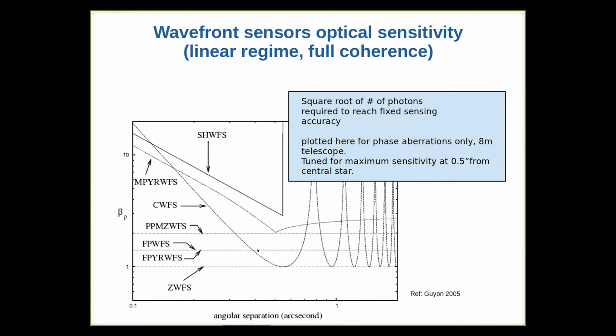Good sensitivity is in the lower part of the graph. 1 is the ideal, and poor sensitivity is in the upper part. And you see two families of sensors. There are the ones that maintain horizontal lines, the ones that maintain very good sensitivity at all spatial frequencies. And then there are the ones, which unfortunately are the most popular ones, that have less and less efficiency at low spatial frequencies.